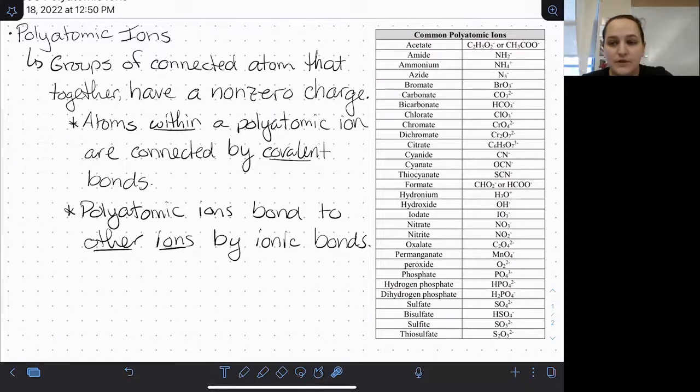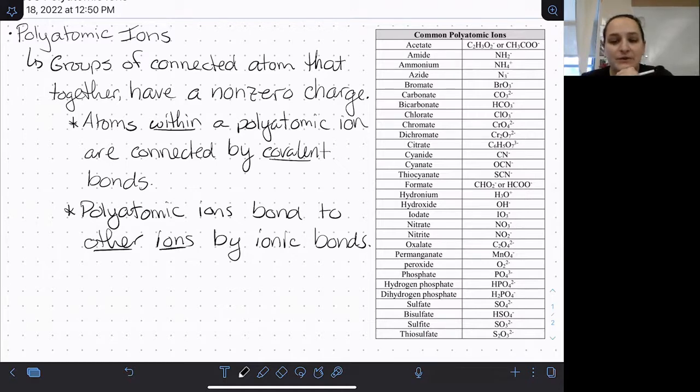So most of these are also negatively charged, so the vast majority of the time polyatomics are going to appear as the anion. The one exception to really be aware of for now is the ammonium ion. So you're given the formulas here along with the charges. Whatever is written as a superscript to the right of the formula is the charge on that ion.